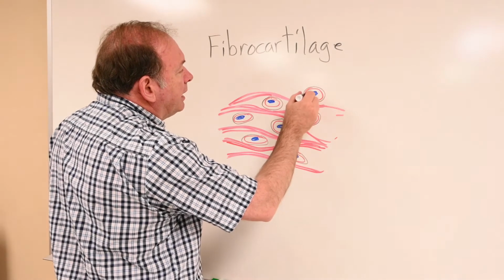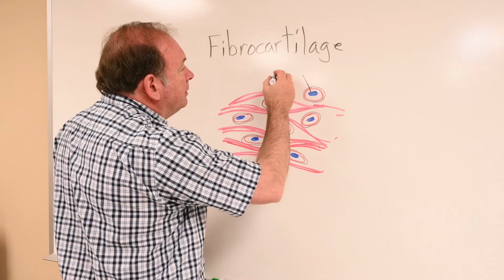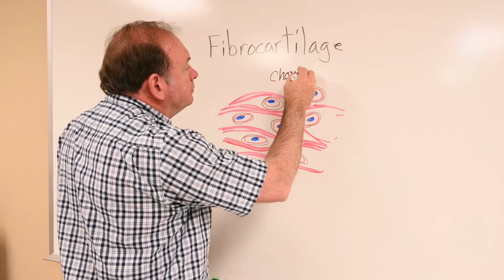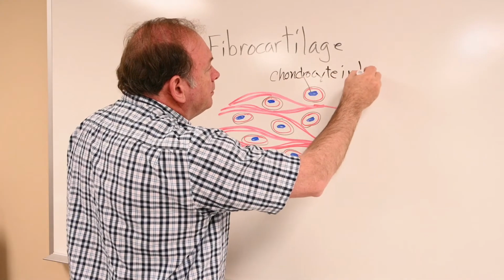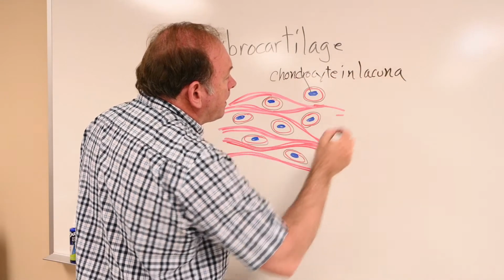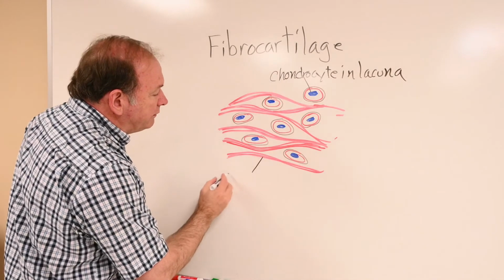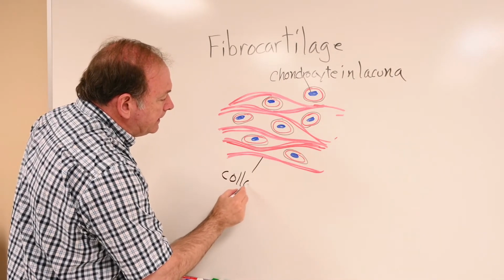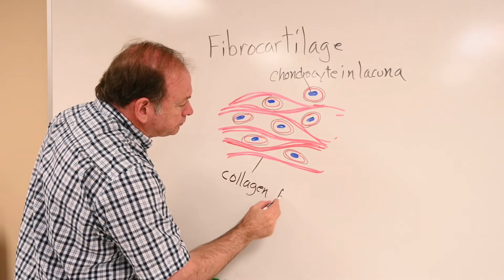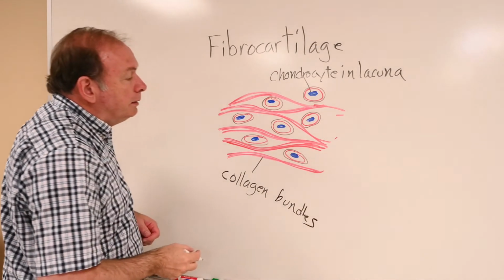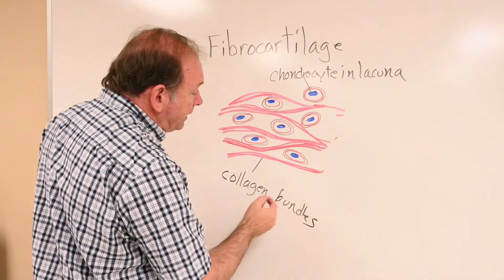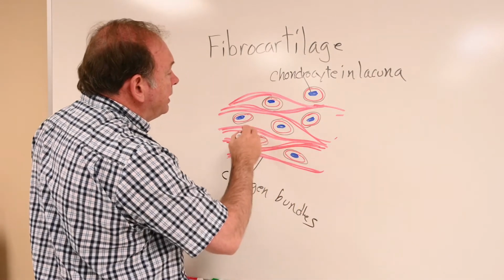And here we have the chondrocyte in a lacuna. We have collagen fiber bundles. And that's in basically a hyaline matrix.